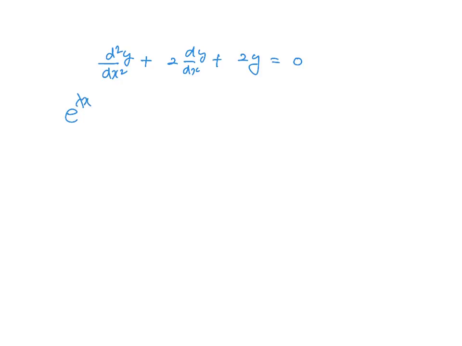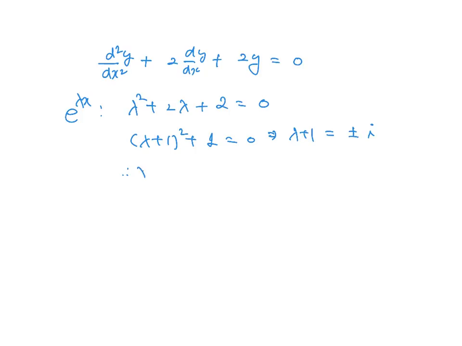If we set e to the lambda x as a trial solution, then we have lambda squared plus 2 lambda plus 2 equals 0, or lambda plus 1 squared plus 1 equals 0. So lambda plus 1 is plus or minus i.